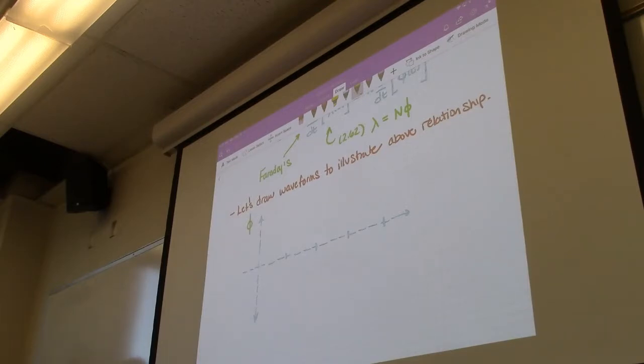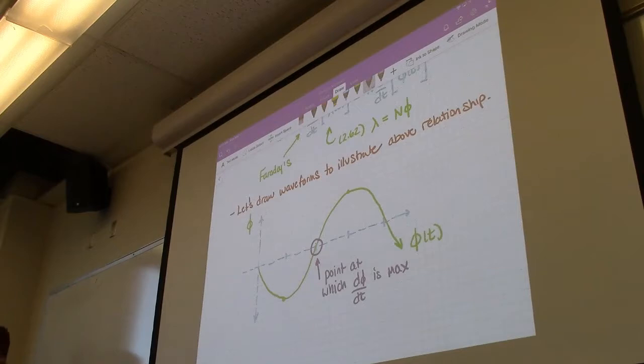Flux is going to be in green. If that's our phi of t, this is the point at which our rate of change of phi with respect to time is going to be maximum, which means that our induced voltage, EA, which I'm going to show in gray, is going to be maximum at that point.